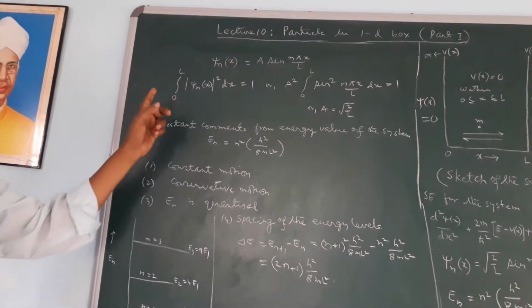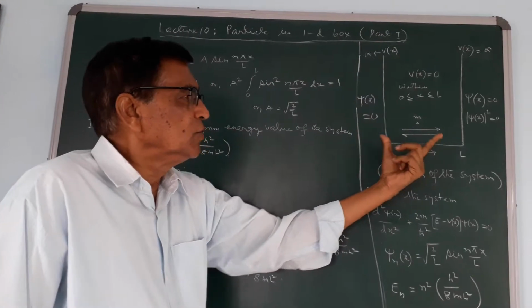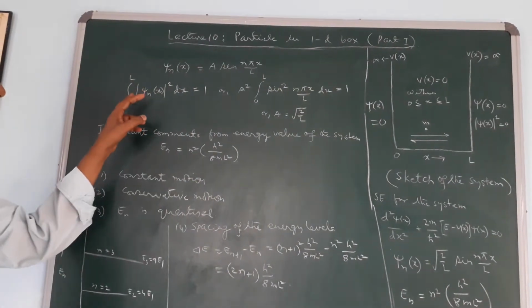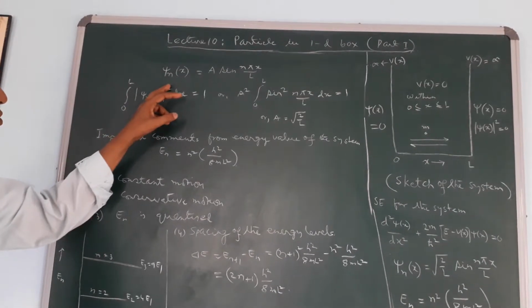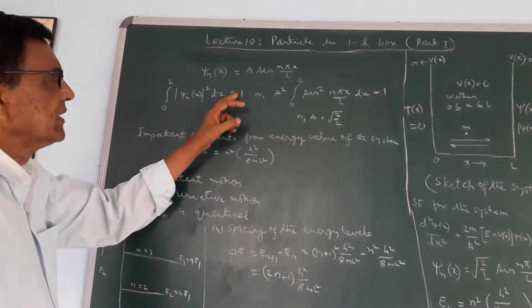The limit 0 to L, this is the length for this particle to be accessible for free movement, and integral of modulus psi n x square dx equal to 1.